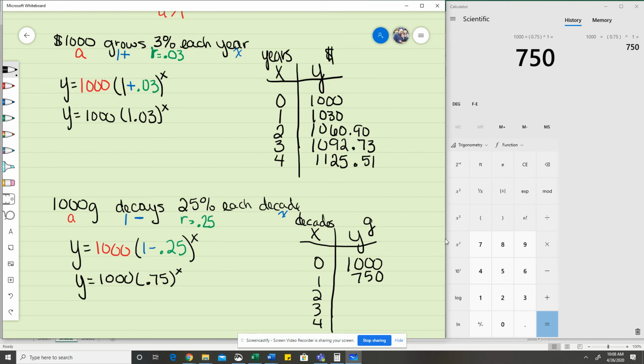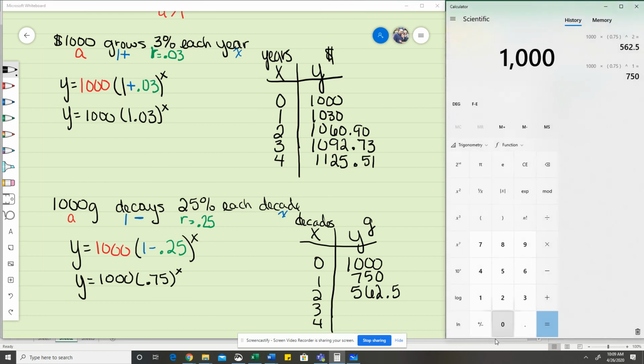Remember a decade is 10 years. So after 2 decades, 1,000 times 0.75 to the second power. Now I have 562.5 grams left of this substance.